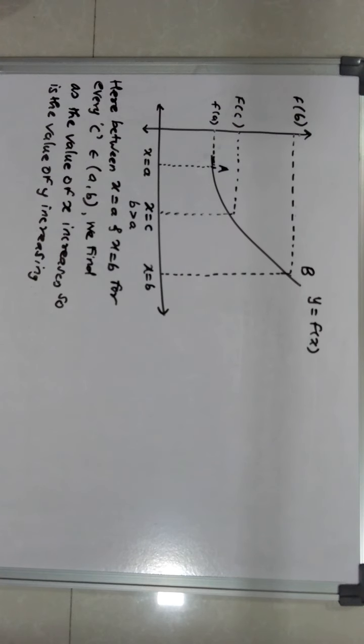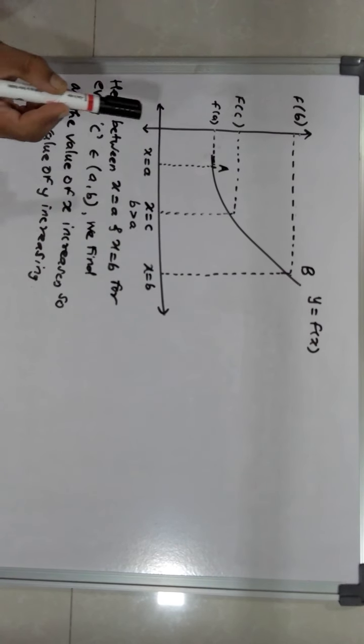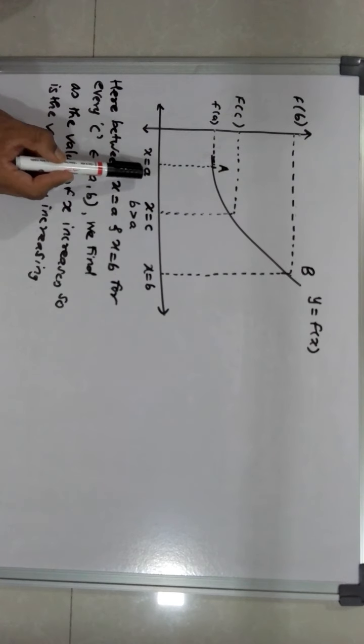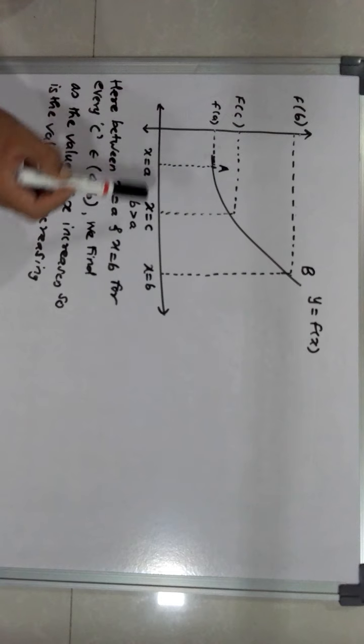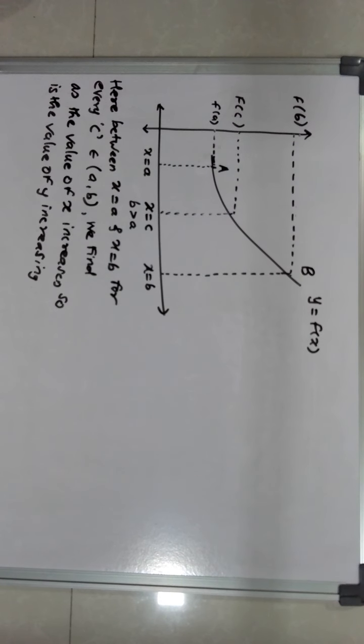Logically, we can write it in mathematical statement form also, but this is better to understand. For every point which is between a and b, there is a point c such that a is less than c, which is less than b.